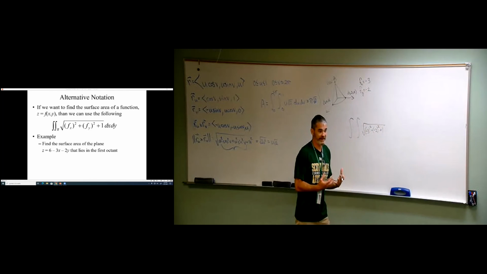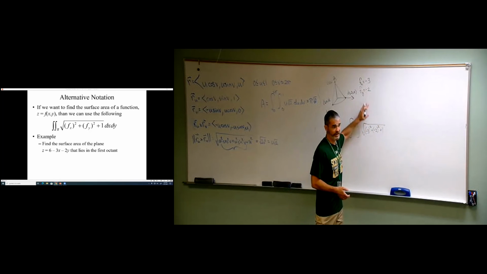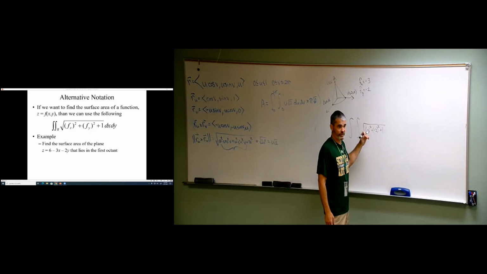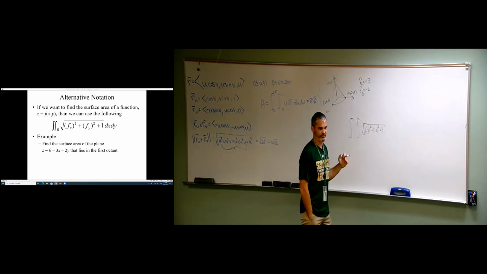Right? So it's back into that very procedural process. You know your function, you find your partials. Now, they may not always be constants. This part can get really messy depending on the function. If it's really messy, use Wolfram Alpha to solve your integral. Okay? You don't have to solve the messiest of integrals by hand.